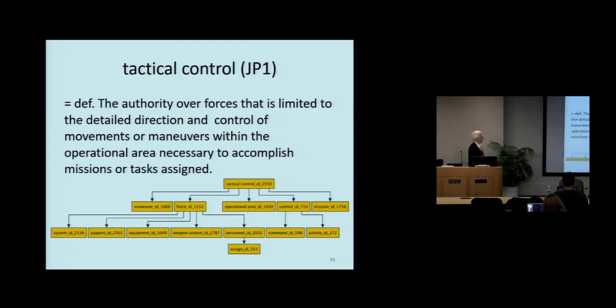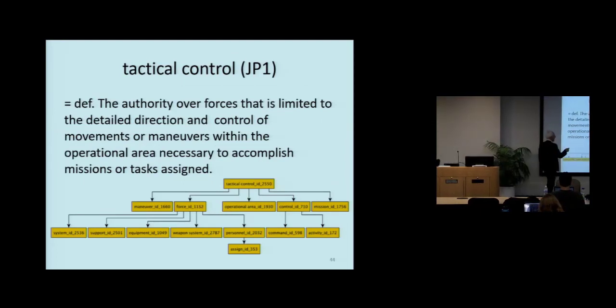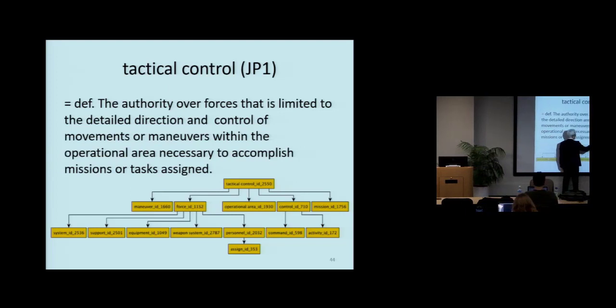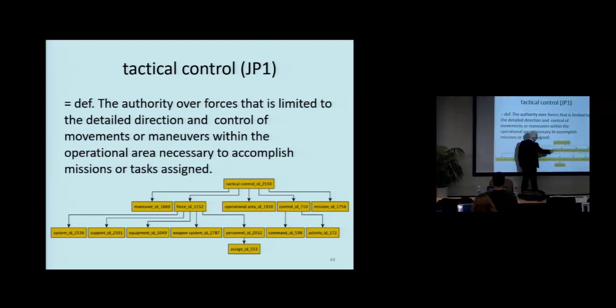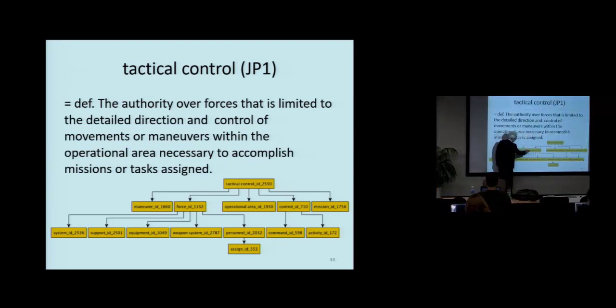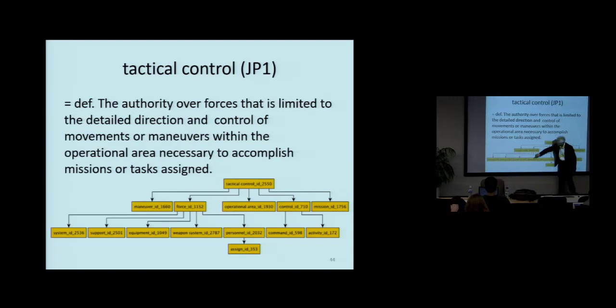So these are the dependencies of the term tactical control. The term tactical control is used in the definition of force, which is used in the definition of weapon system. So if you change the definition of tactical control, you need to check that that doesn't affect the way you're using the term weapon system, because its definition rests indirectly on the definition of tactical control.